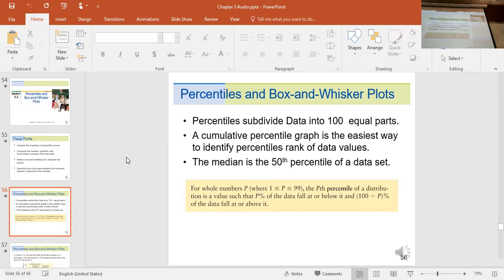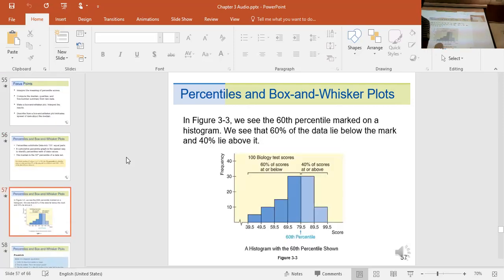So we said that the median was the middle of the distribution. So the median corresponds to the 50th percentile. When you are at the median, 50% of values are less than the median, 50% are above the median.